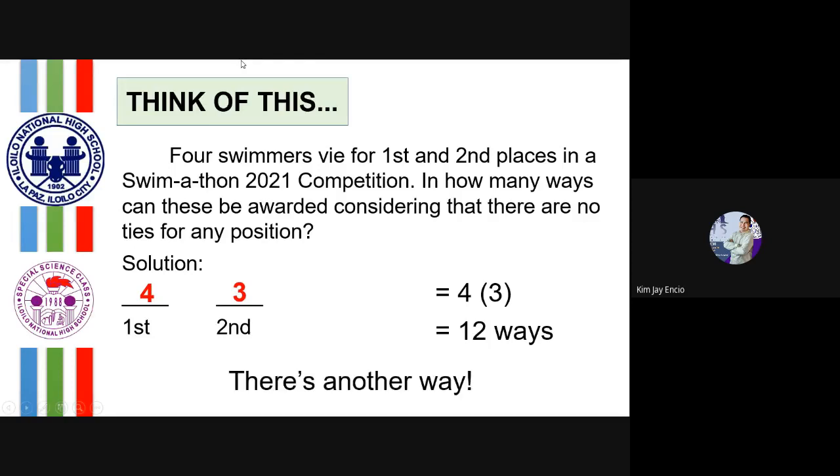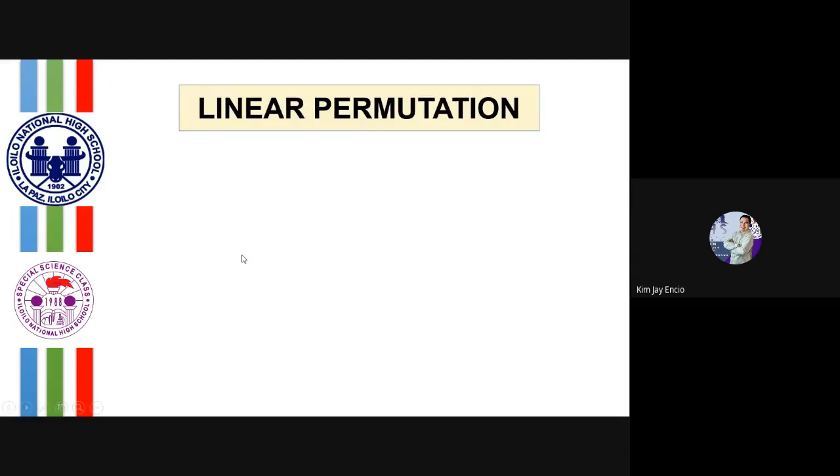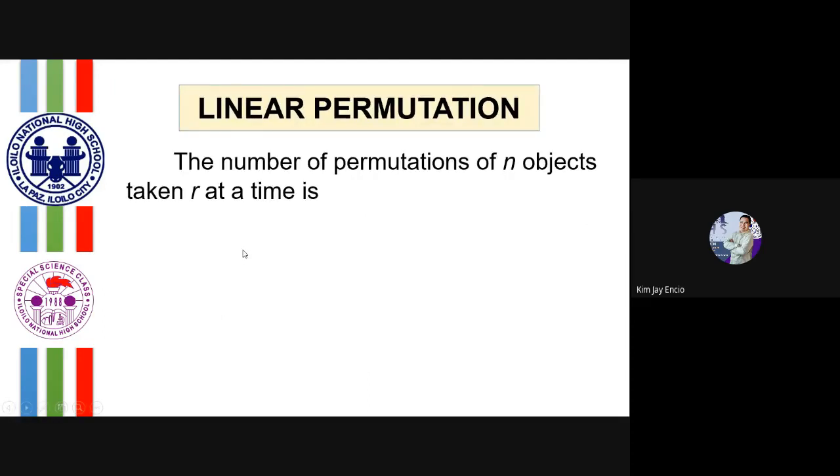But don't worry, there's another formula that could be used to solve this problem. This is by making use of our linear permutation formula: the number of permutations of n objects taken r at a time has the notation nPr.